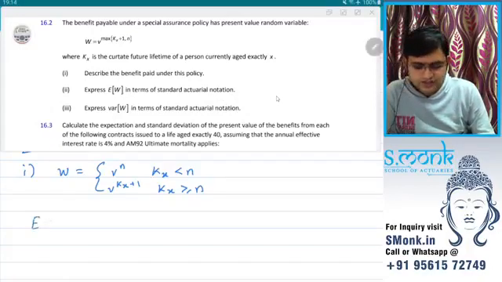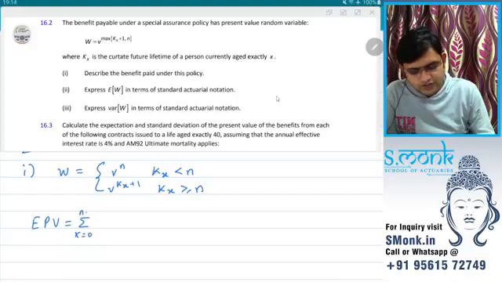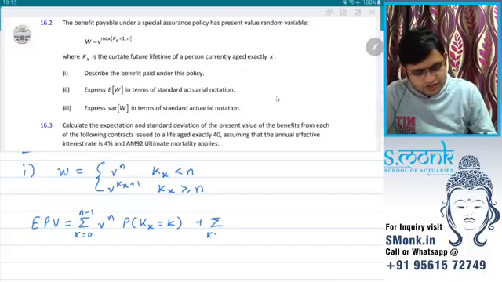So we'll say expected present value will be equal to summation k going from 0 to n minus 1, we'll have v raised to n kpx qx plus k, or you can just write probability Kx is equal to k, and then plus summation k going from n to infinity, we'll have v raised to k plus 1 kpx qx plus k, or I'll just write probability Kx is equal to k.